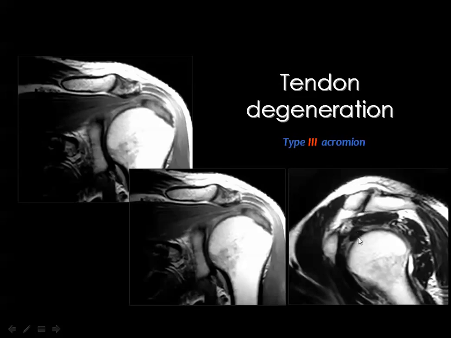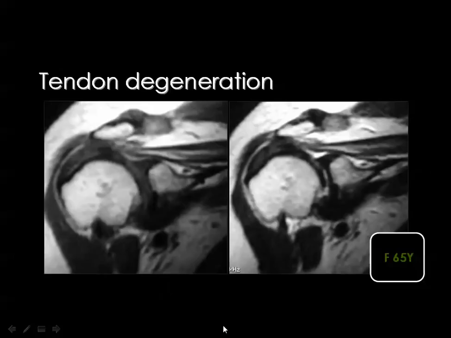And you remember that the acromion shape is evaluated in the sagittal images, and here you can see an anterior hook type 3 acromion with tendinopathy of the supraspinatus tendon, showing intermediate signal in the T1 and also in the T2 weighted images.